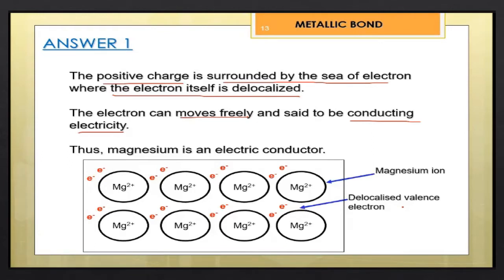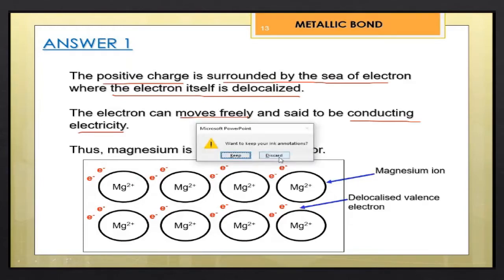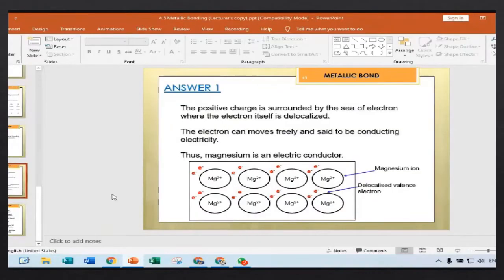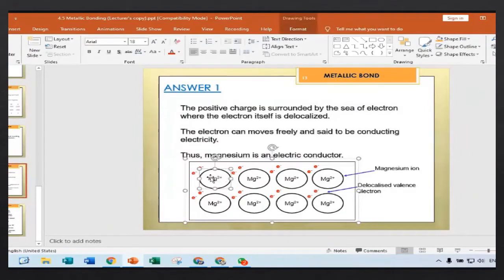Look at question 6, chapter 4.4. Describe the metallic bond in aluminium by using the electron sea model. Okay, how are you going to draw the electron sea model? The diagram. Yeah, we have to draw the diagram. Very good.